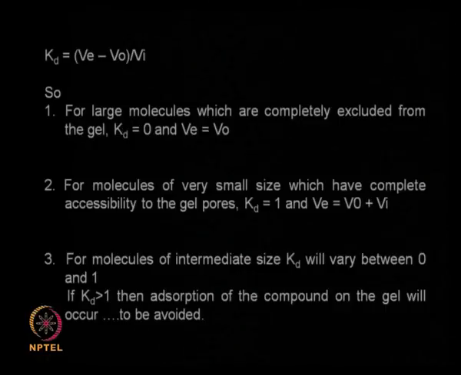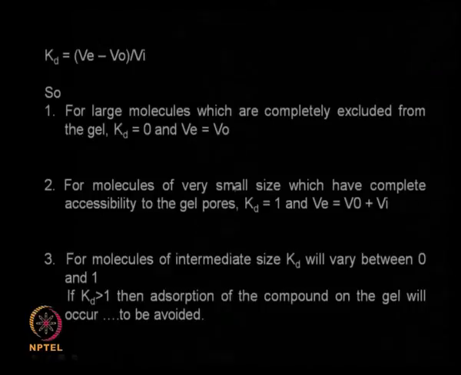If the molecules are very large, that means the molecules cannot enter the pores and are completely excluded from the gel, so we can consider Kd equal to 0. If Kd equal to 0 then Ve equal to V naught, that means the eluent volume will be exactly equal to the interstitial space, because your solute does not interact with your solid phase material, that is the solid gel.